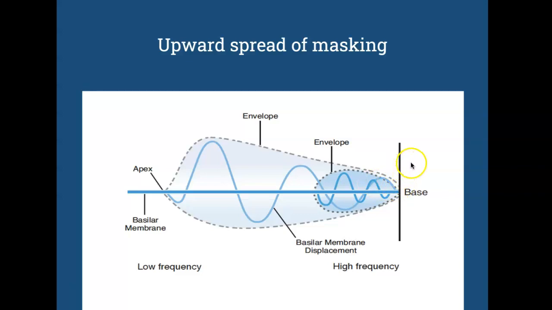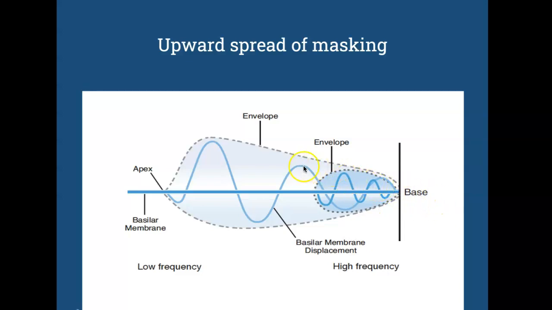So if you have a fairly intense low frequency signal like this, it can mask out a high frequency signal that's a little softer presented at the same time, and that's shown here by this envelope. The signal is here, but the envelope is like an outline of how that signal stimulates the basilar membrane.